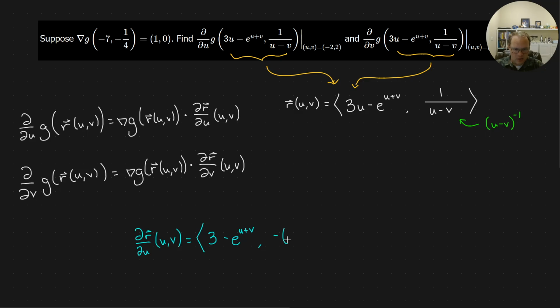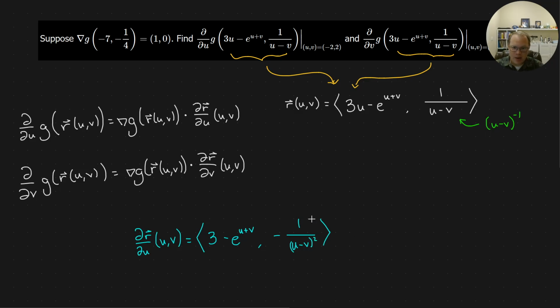So I get negative u minus v to the negative 2, and then multiply by the derivative of the inside. The derivative of u minus v with respect to u would just be 1, so I don't have to multiply by anything. And I'll just tidy this up in place. That negative 2 power, the negative means it's going to the denominator, the 2 means it's squared. So if I were to tidy this all up, I get negative 1 over u minus v squared.